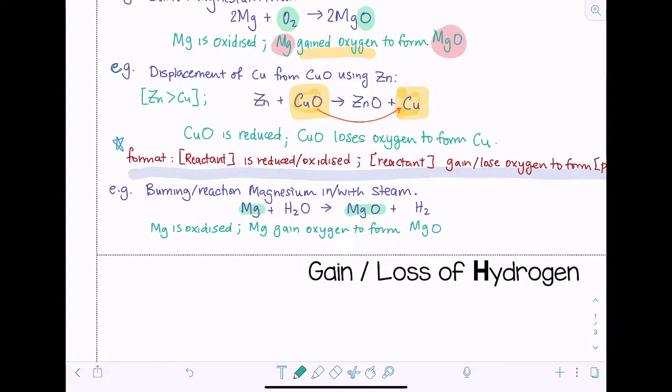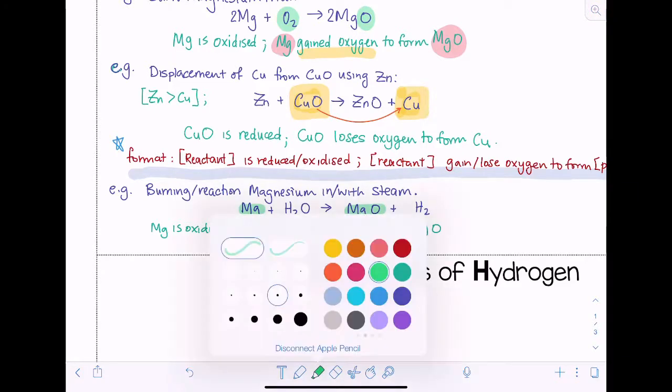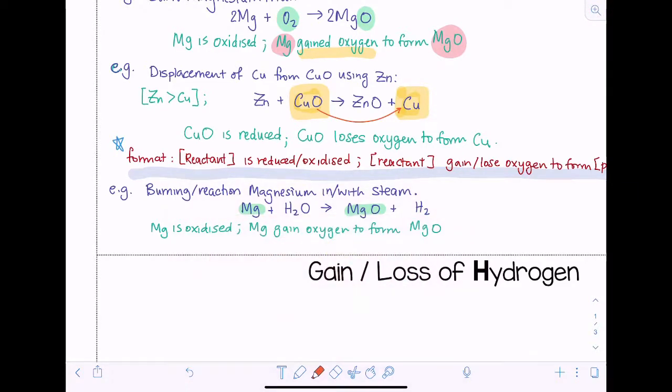On the same note, we can also easily identify the substance that's reduced. In this case, check from the left side to the right side: water, steam, H2O on the left side, and hydrogen, H2, on the right side that was formed.